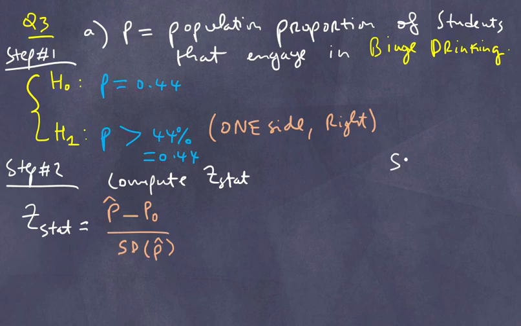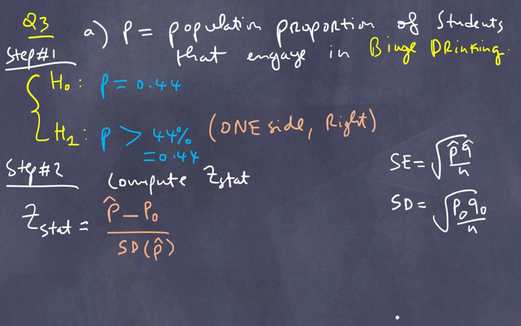That's because the difference between the standard error for one proportion and the standard deviation is that the standard error is the root of p hat q hat over n, but the standard deviation is the root of p0 q0 over n, and p0 is 0.44 in this question.